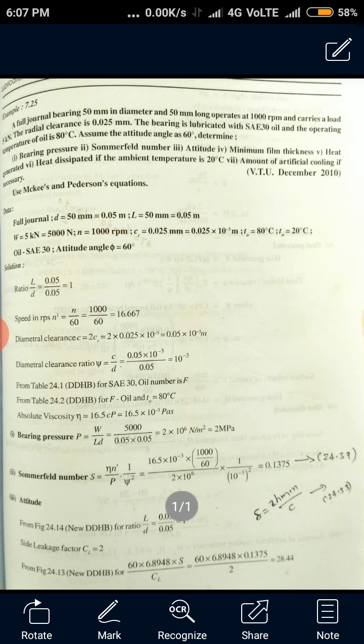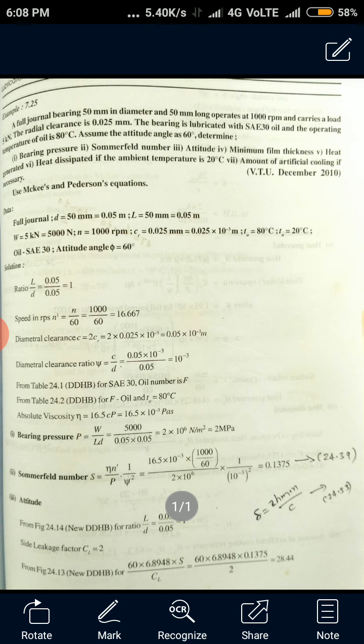From table 24.1, for SAE 30 oil, the oil number is F. From figure 24.2, for F oil and T_o equal to 80 degrees Celsius, the absolute viscosity is 16.5 cP, so centipoise, 10 to the minus 3 Pa·s.